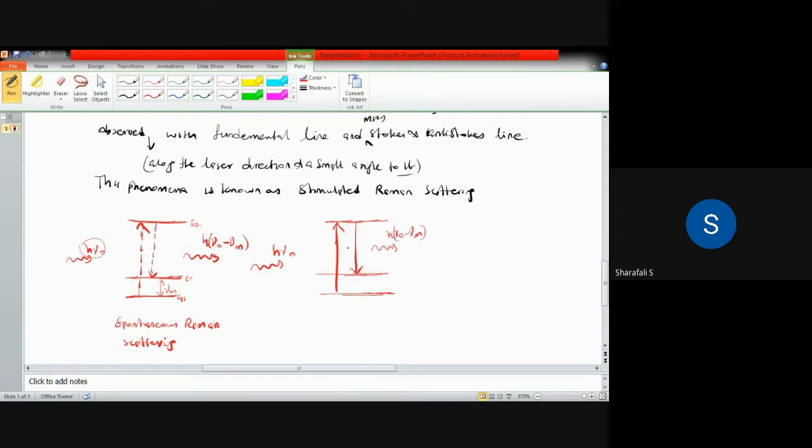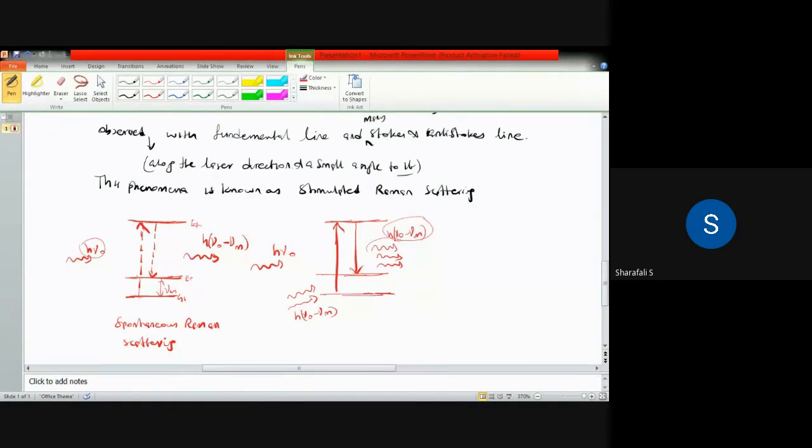But in this case, many such radiations are coming, h nu 0 minus h nu m. Many such radiations are coming, so the intensity of this particular line will increase. At the output, we will have more such lines, or photons with that much energy, in this particular process.